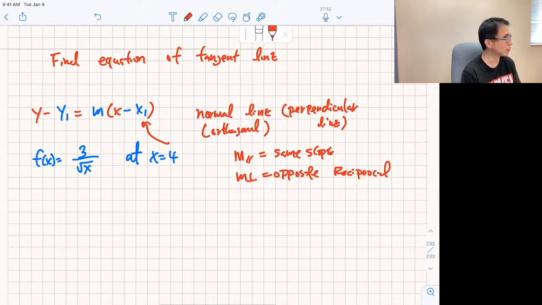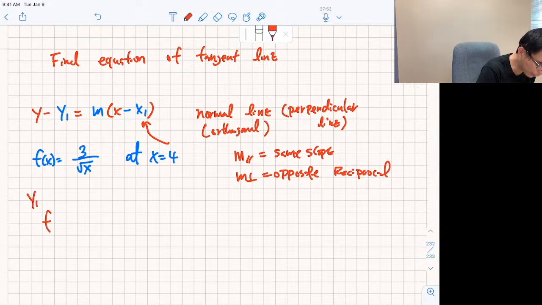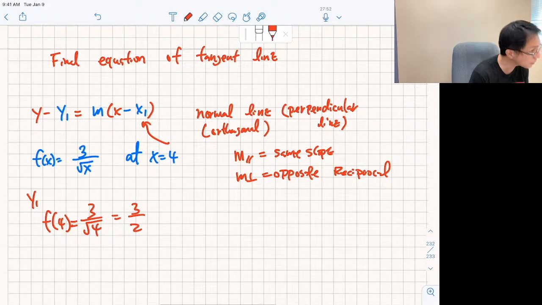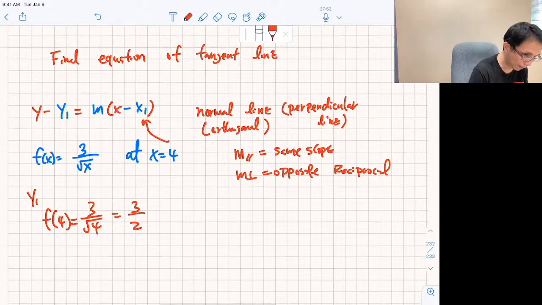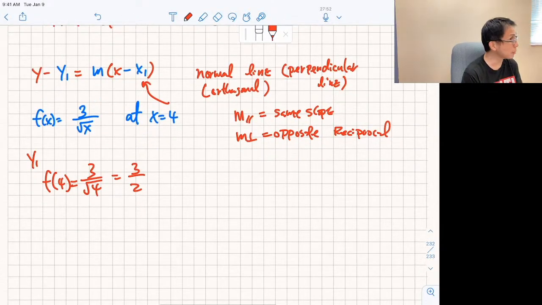How do I get y1? Just plug in the x value. So y1 is 3 over square root of 4, that's equal to 3 over 2. Does that make sense? How do I find the slope?